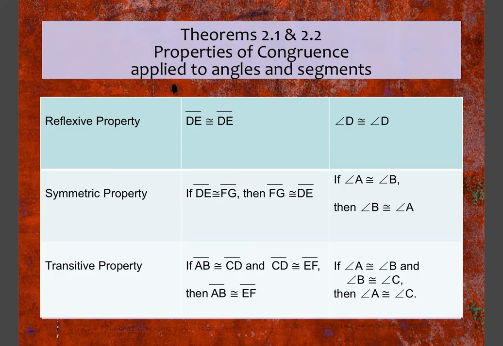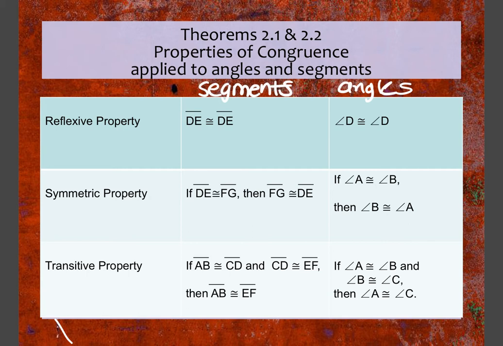All right, this is basically what we just wrote out. The reflexive property for segments, so this first one is segments, like DE equals DE. For angles, angle D would equal angle D. Symmetric property: if DE equals FG, then FG equals DE.